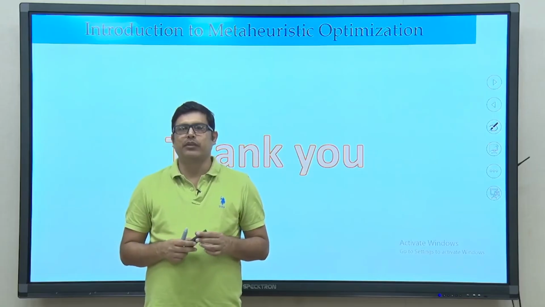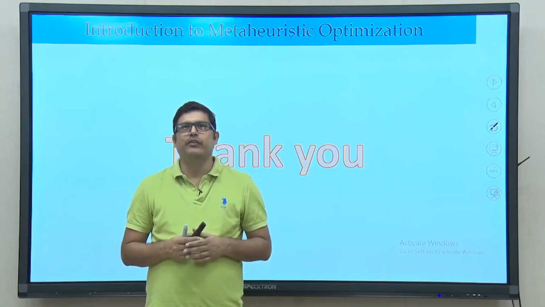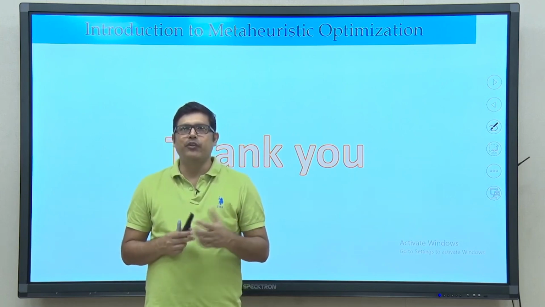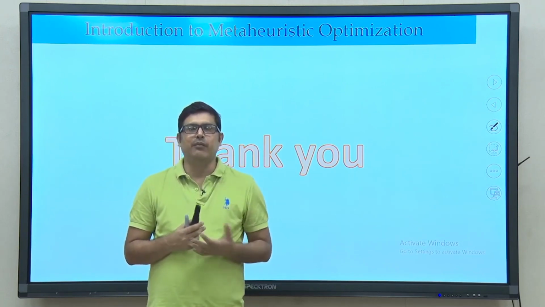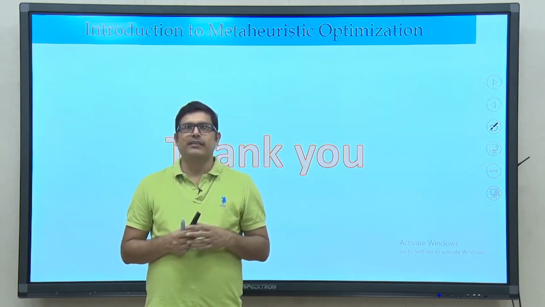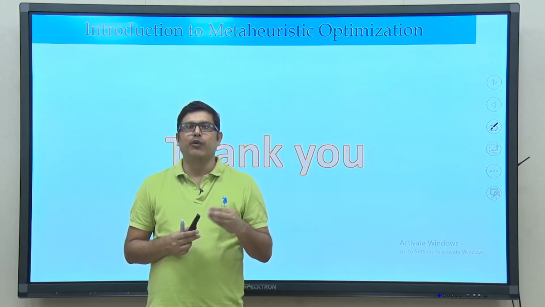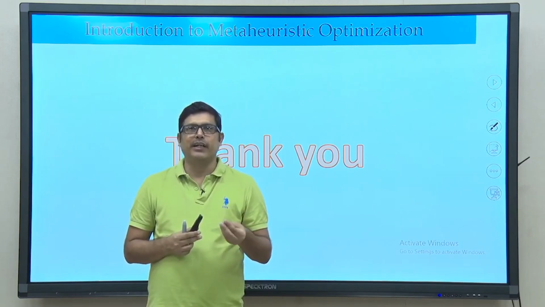So, this is all about the introduction to meta-heuristic optimization methods. Today I have introduced what meta-heuristic optimization methods are. I also discussed the disadvantages of classical optimization methods. In many problems, if your problem is not continuous or is non-differentiable, you will not be able to apply classical methods.